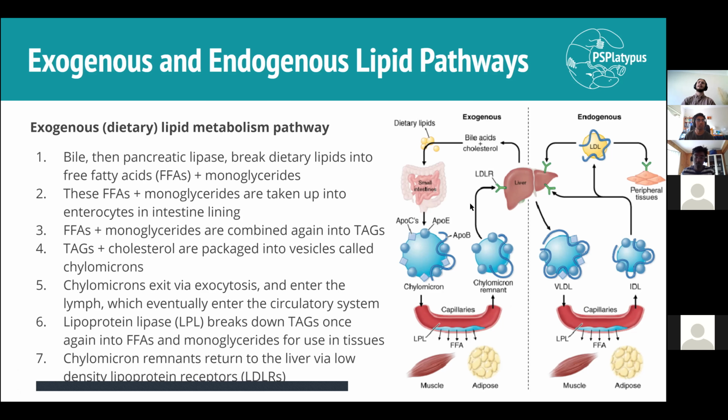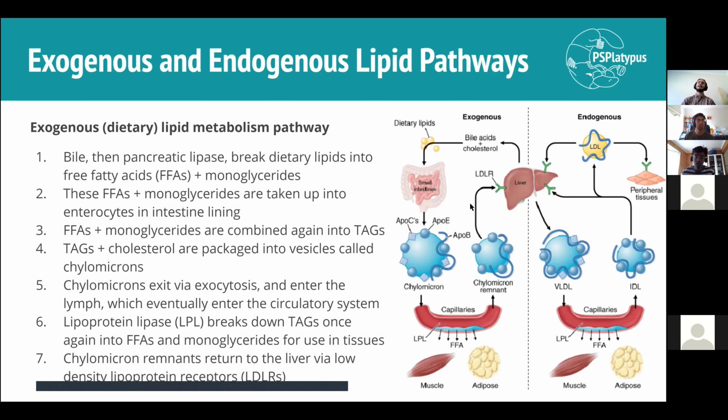Then they return, then basically they've been reduced in the amount of triacylglycerides, and triacylglycerides are less dense than a lot of other stuff. So when you lose triacylglycerides, you actually increase your density. So you become an intermediate density lipoprotein, similar to the chylomicron remnant for the exogenous pathway.